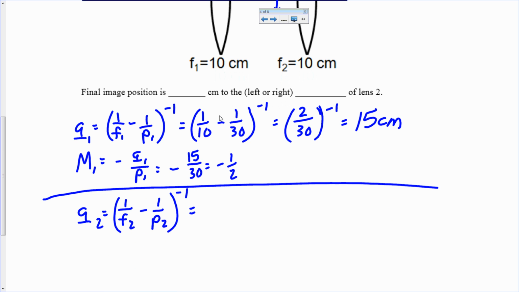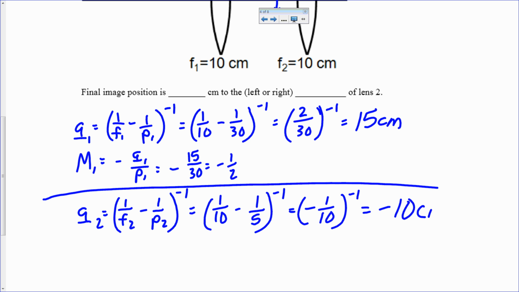That's 1 over 10 minus 1 over 5. Negative 1 over 10 to the negative 1. That's negative 10 centimeters. And then my magnification is positive 2.